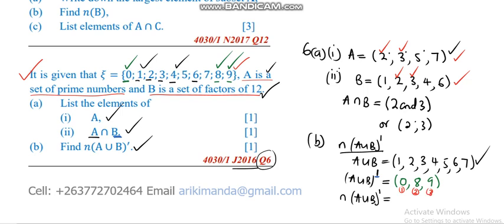So we have 3 elements. So the number of elements in A union B complement is 3. Take note, we don't put brackets here, because we've been asked to count the elements in A union B complement. This is the answer that we're looking for, and this is how we answer this question.